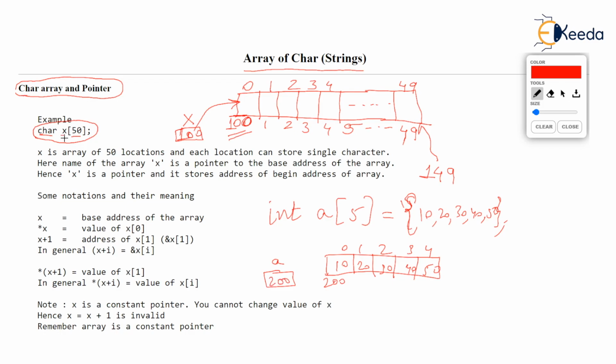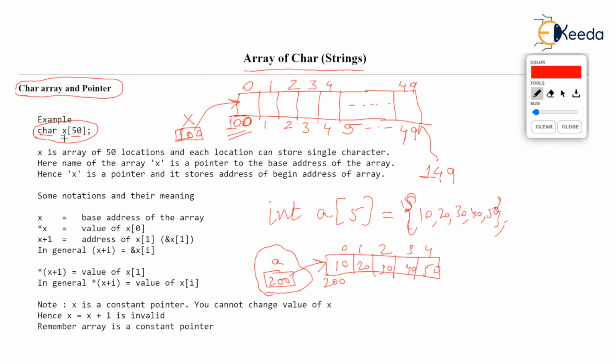The name of the array a itself is a pointer, and it points to the base address of the array. Now onwards, you can think of any array, whether it is a character array, an array of structures, a double array or a float array: any kind of array is a pointer to the base address of that array.